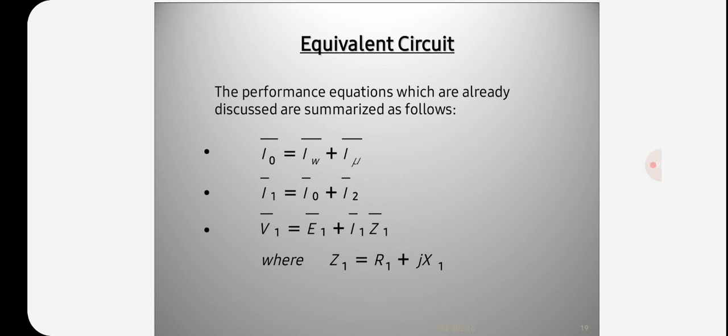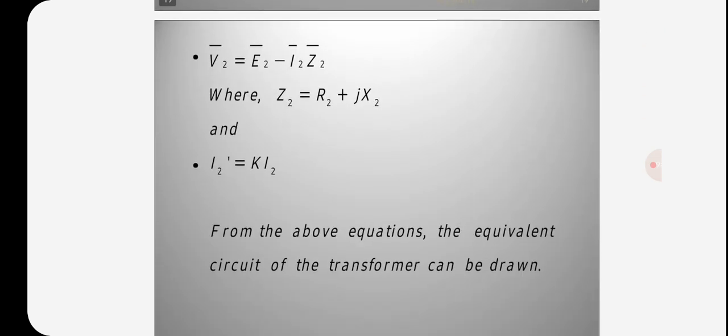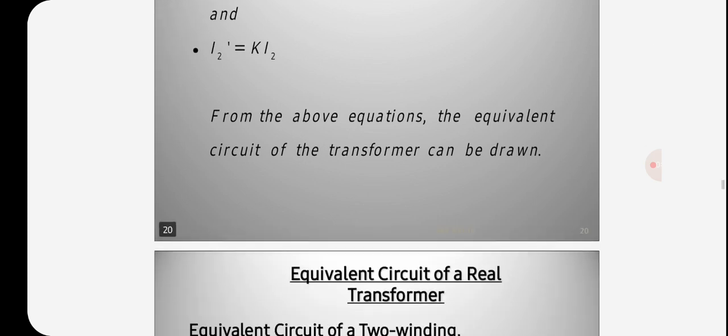V1 is equal to E1 plus I1 Z1, where Z1 is equal to R1 plus jX1. V2 is equal to E2 minus I2 Z2, where Z2 is equal to R2 plus jX2, and I2 dash is equal to K I2. From the above equations, the equivalent circuit of the transformer can be drawn.